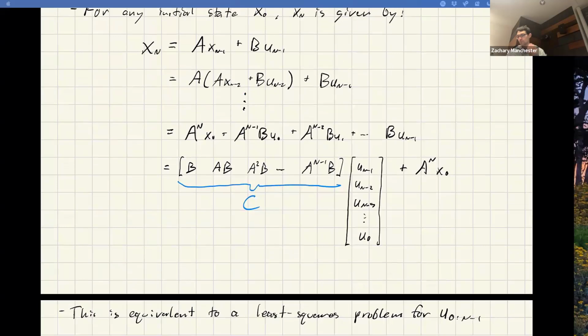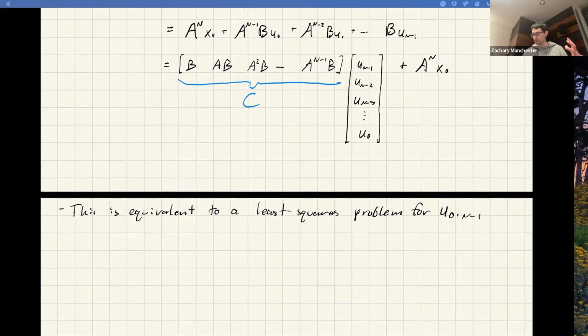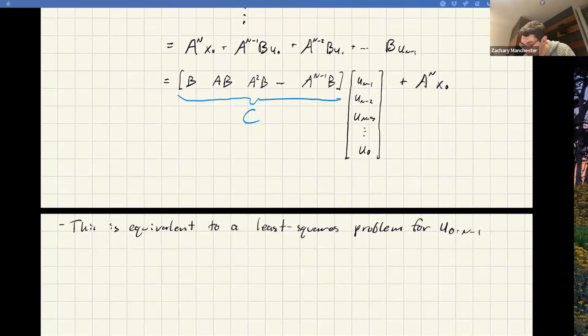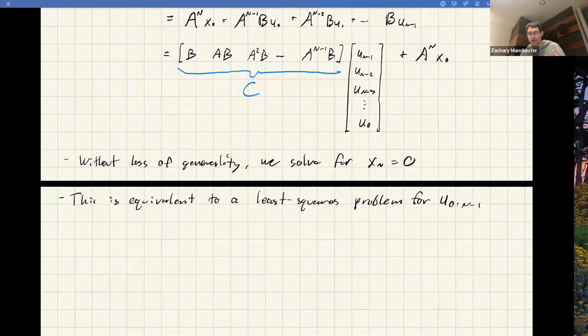We're basically trying to set xn equal to 0. And I should say, without loss of generality, we solve for xn is the origin, and we just put this all together.